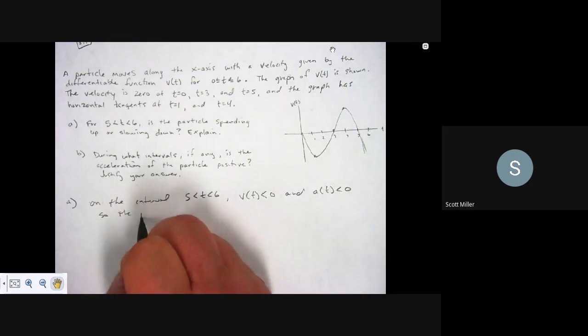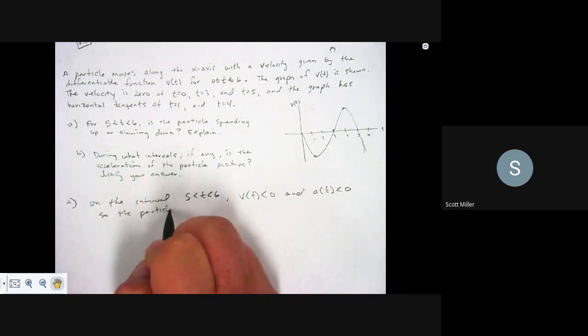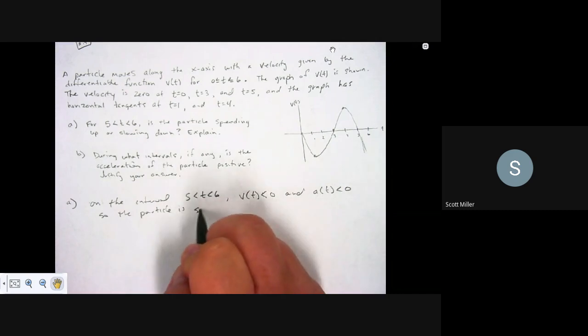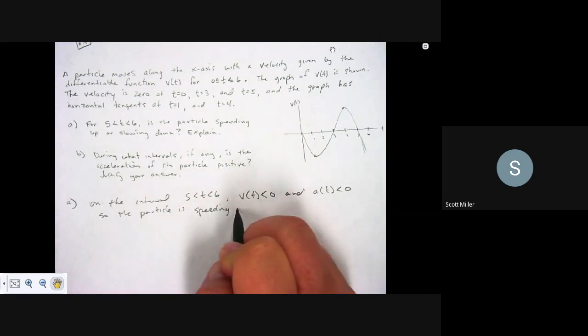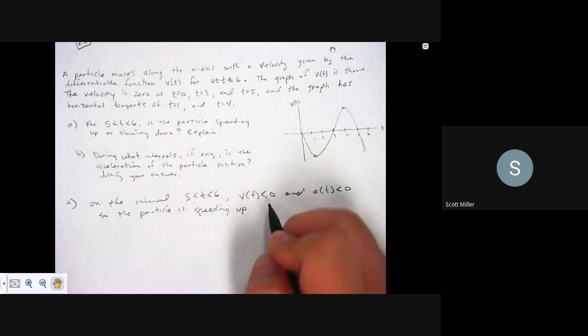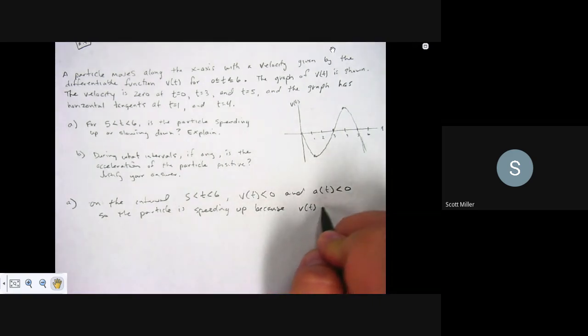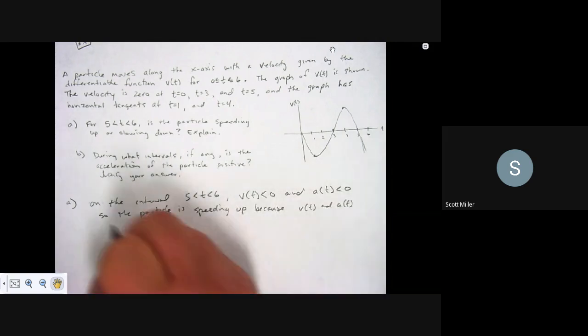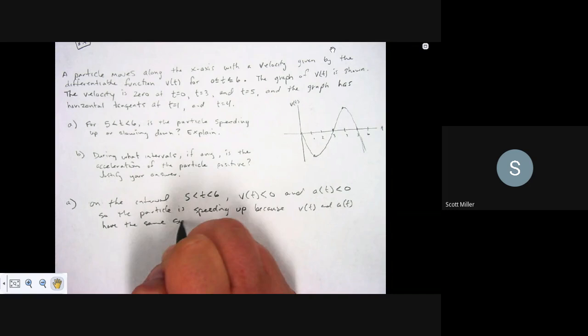So the particle is speeding up, because v of t and a of t have the same sign.